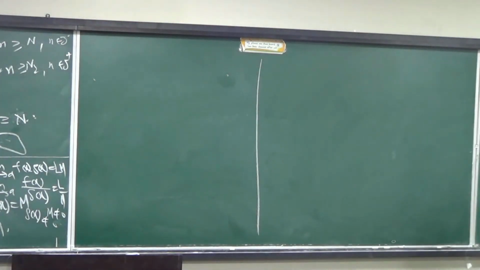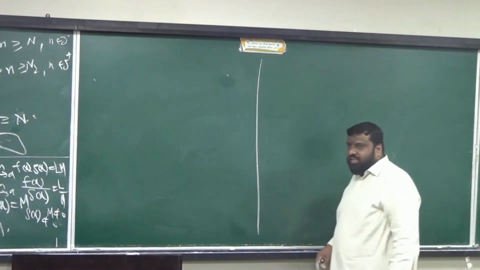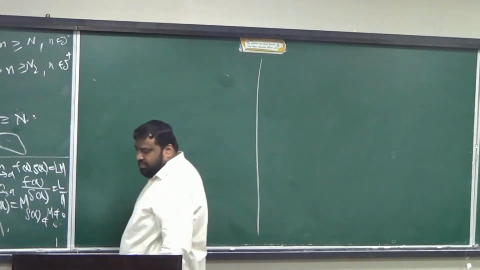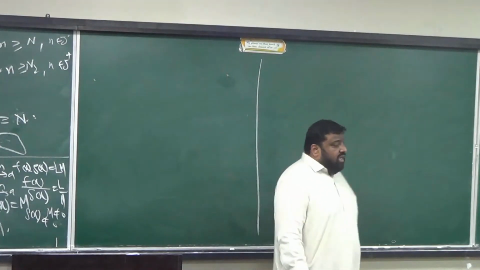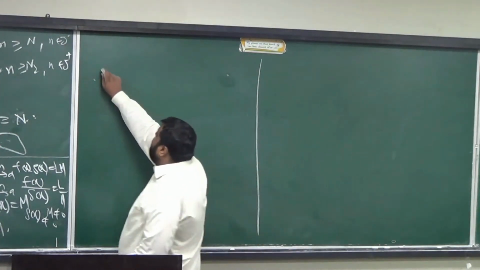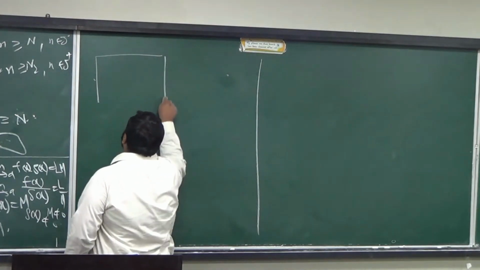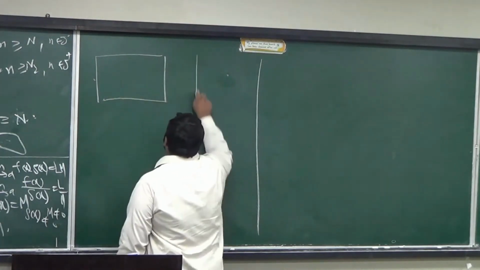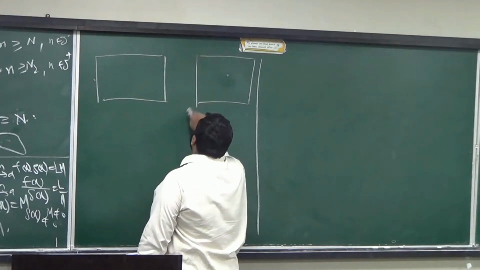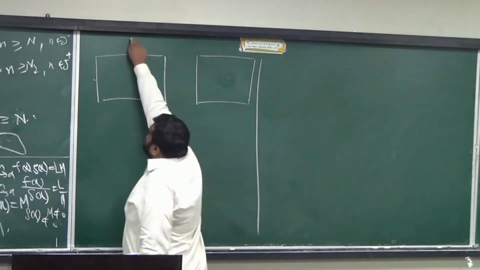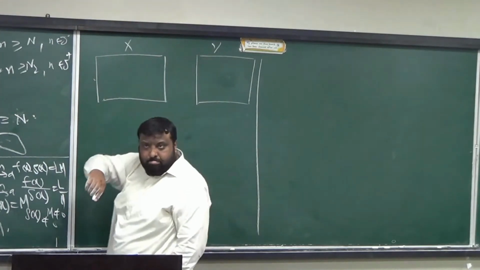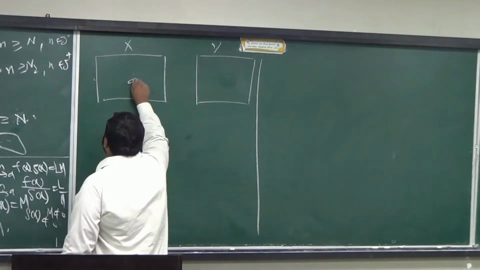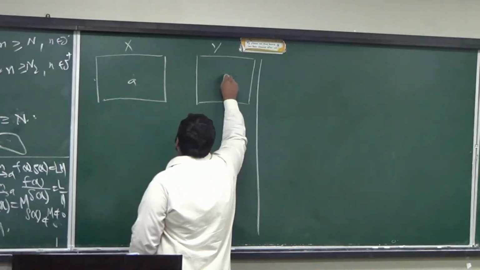The other definition that I'm going to write now works in all of these. Alright, so imagine I have two metric spaces, X and Y. I have a point here, A. I have a point here, L.